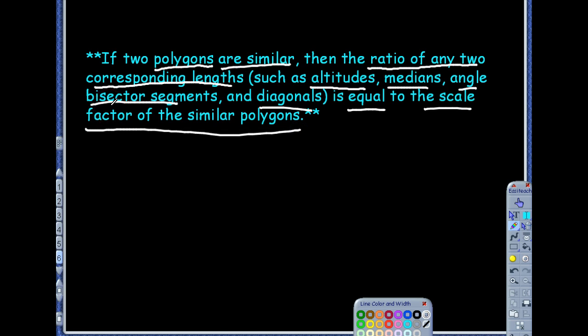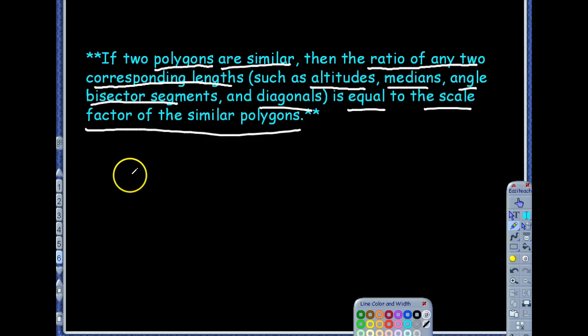So what I want you guys to realize is that anytime you have any similar figures, all of the linear lengths, the straight lengths, things that you could measure with a ruler, all segments within there that correspond will be the same as the scale factor. That makes sense.